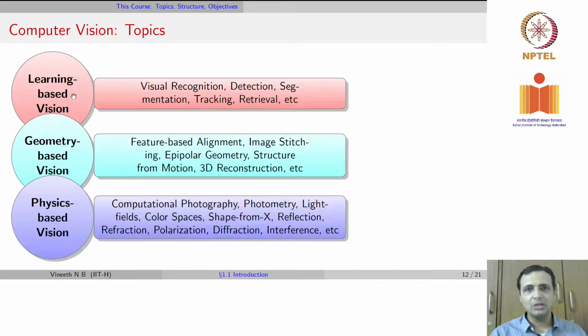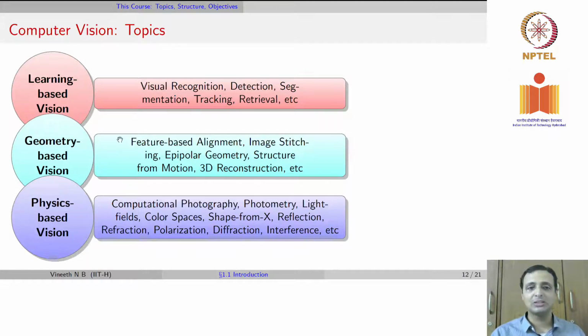So by learning-based vision, we generally refer to problems in computer vision such as visual recognition, such as object recognition or gesture recognition or emotion recognition from images, detecting your face in a Facebook photo, or segmentation, where you segment a scene into various parts at a pixel level, or tracking an object, or retrieving an image based on a search query, so on and so forth. Typically, all of these are solved using learning-based methods. So that's one segment of computer vision.